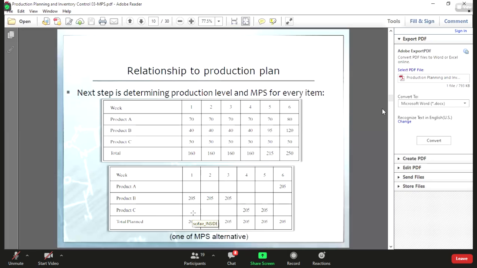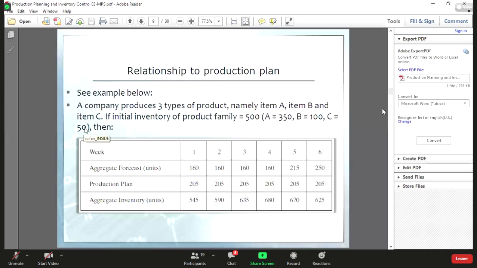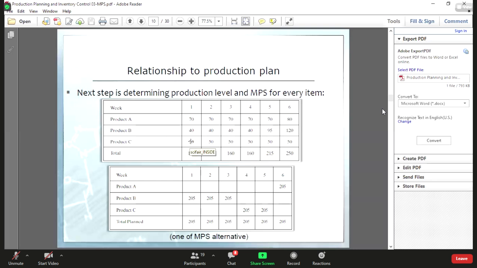But when we use this inventory to fulfill this requirement, at period 2 we have no stock of product C. But in period 2, there is a requirement of 50 units. So if we decide again not to produce product C in period 2, this is not a good MPS. This is not a good decision.